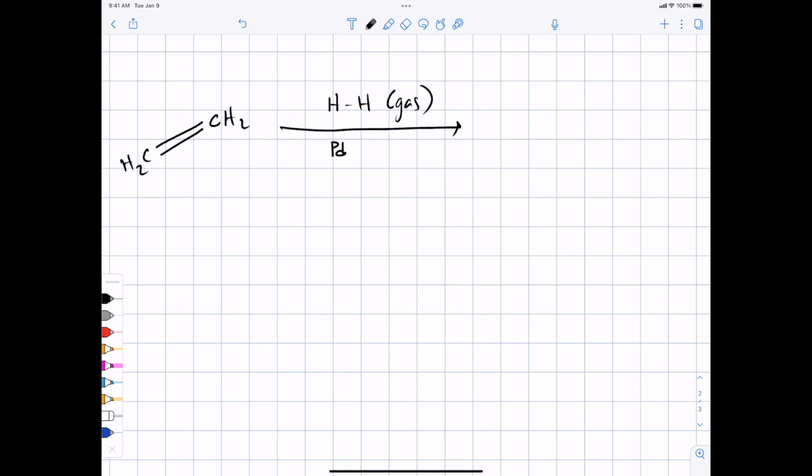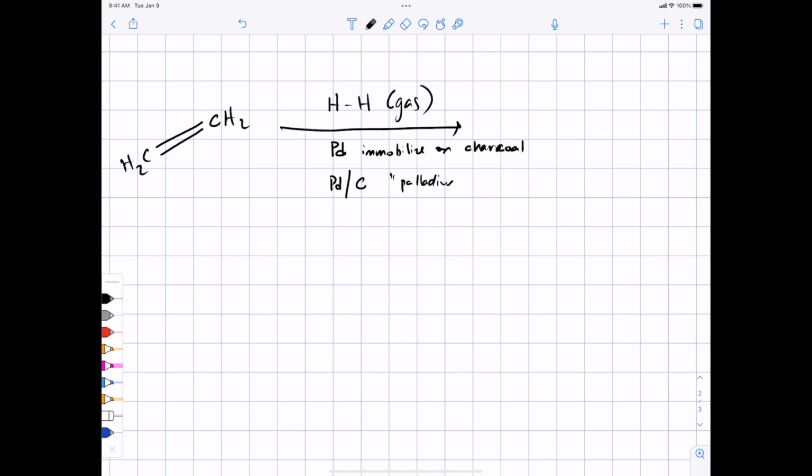And so one of the ways they do that, instead of just throwing in a chunk of palladium metal, you can dramatically increase the amount of palladium surface that's available if you sort of grind the palladium up and you immobilize it on charcoal. And so we call this palladium on carbon.